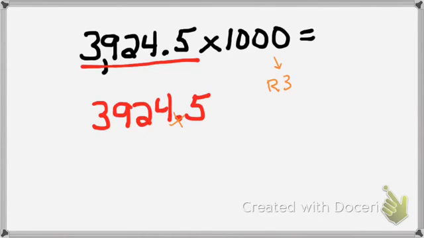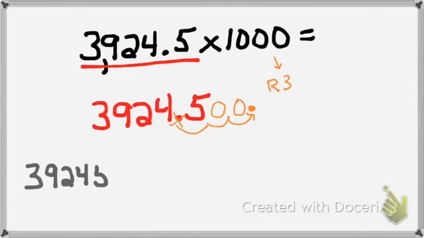So I cross out my decimal. I move it to the right 1. Add a place value 0. 2. Add a place value 0. I've moved it to the right 3 places. I rewrite my answer. 3, 9, 2, 4, 5, 0, 0. I can put the decimal in if I like, and if it's more than 3 digits on the whole number side, I have to put my commas.